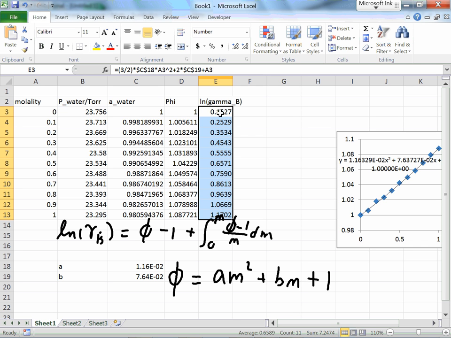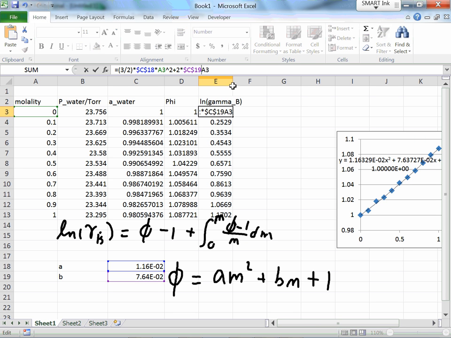Okay, why do I have... okay, that should be times. This is 3 halves am squared plus 2 times b times a3.